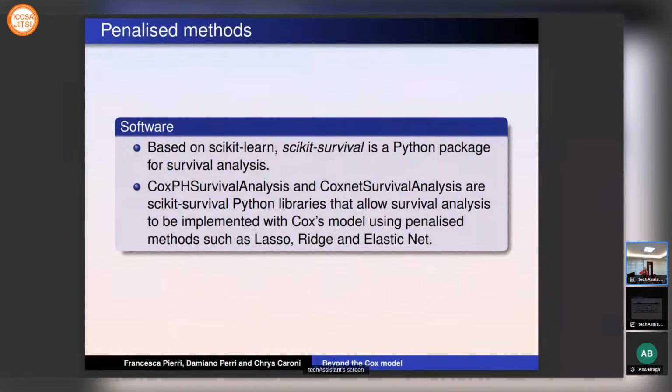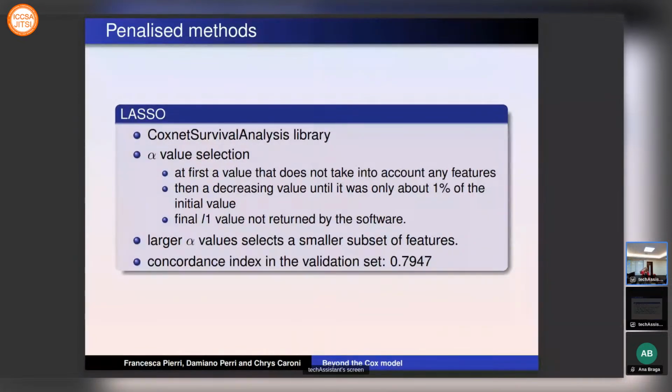For penalized methods, I just tell you that we use scikit-learn, and for lasso, we use the Coxnet survival analysis library, and the alpha value selection is the following.